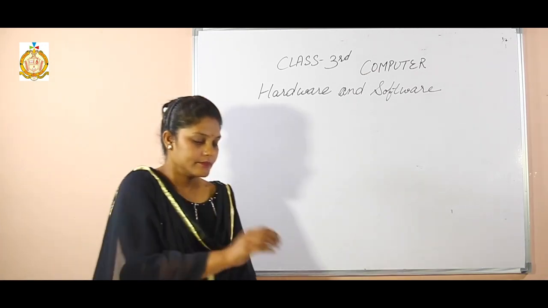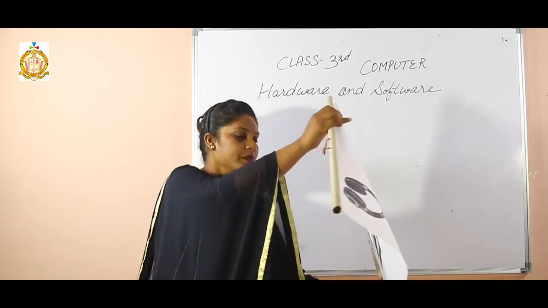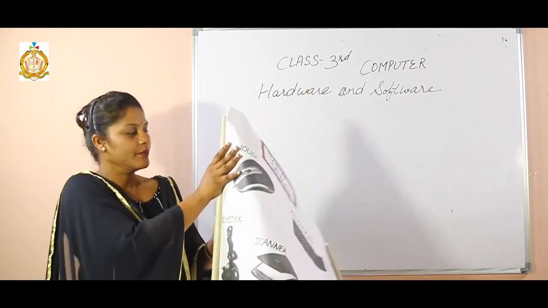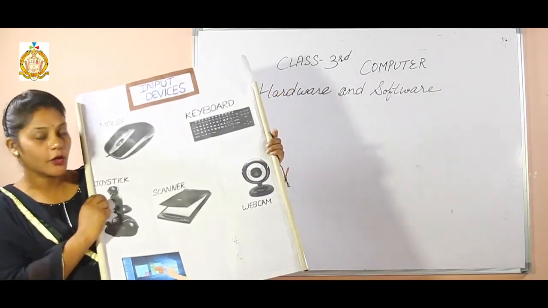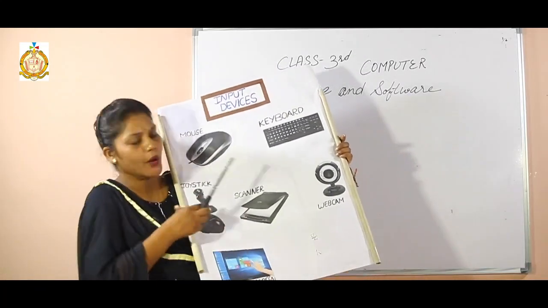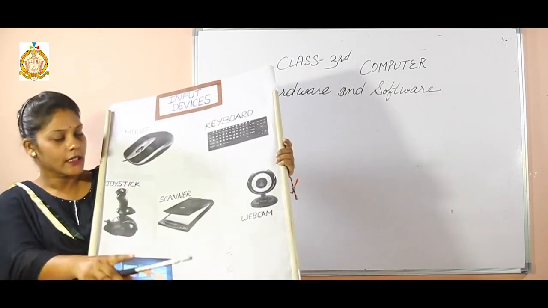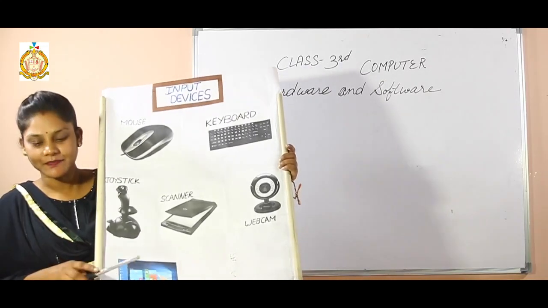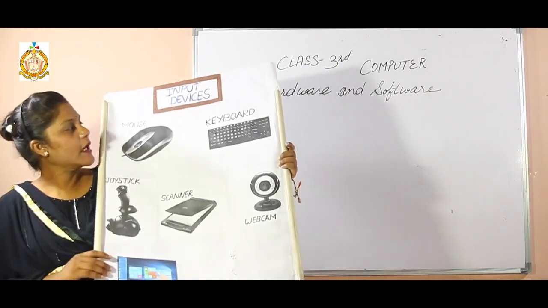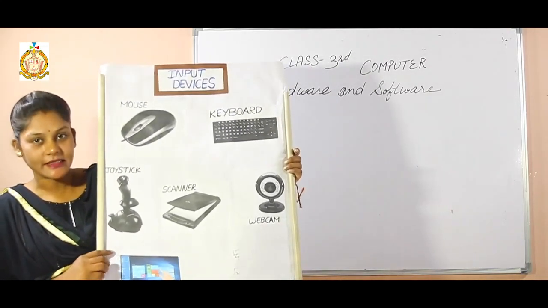Here I am making some input devices in my chart. I want to show the input devices, so you may understand in a very easy way and be clear about all the input devices. So first of all, I am discussing input devices.